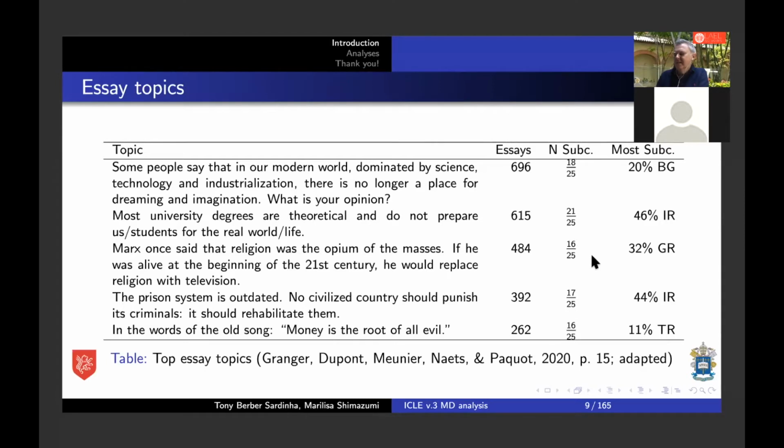So this is one topic. And this one was the topic number 1. So 18 of the 25 national subcorpora chose that one. And so most of those were in the Bulgarian subcorpus, all right? So you had these topics.